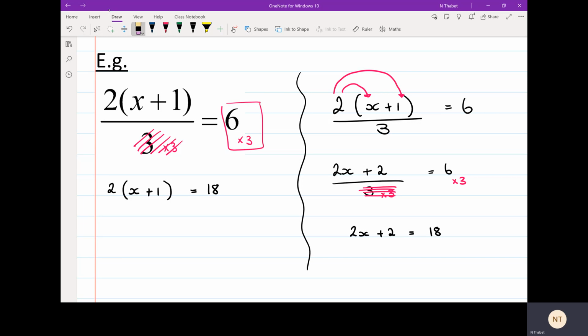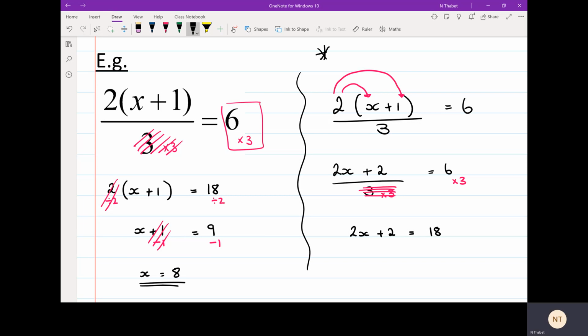So to reverse the multiplication, you would divide both sides by 2. That gives us 1 times the bracket, which is x plus 1 equals 9. And then I would subtract the 1 from both sides to give me x equals 8.